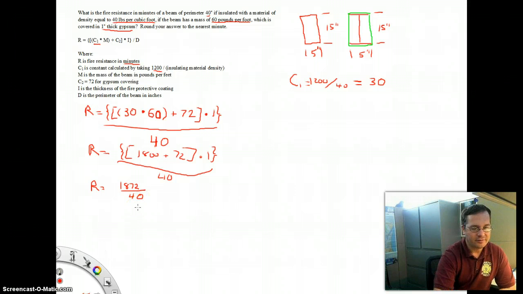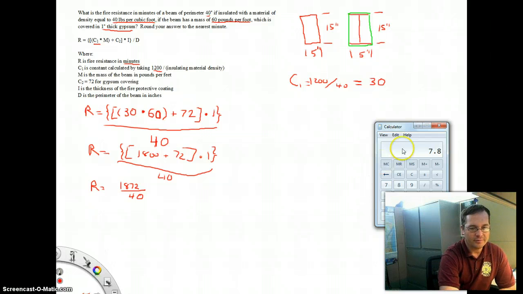Now that number is not easily calculated, but we can plug that into the calculator and come up with a number. If I think about approximately what ballpark it would be in, well, 40 times 40 is 1600, 40 times 50 is 2000, so I would expect that the result I get from this division is going to be somewhere between 40 and 50.